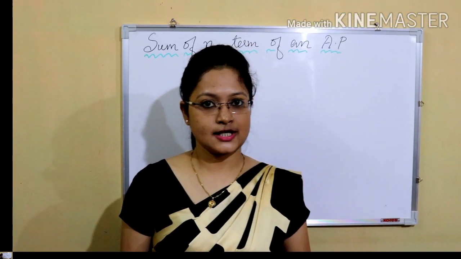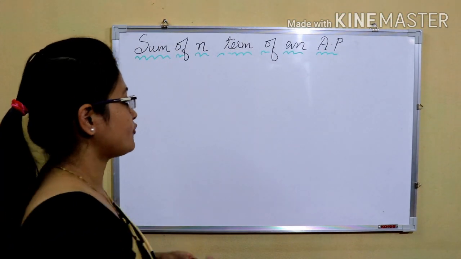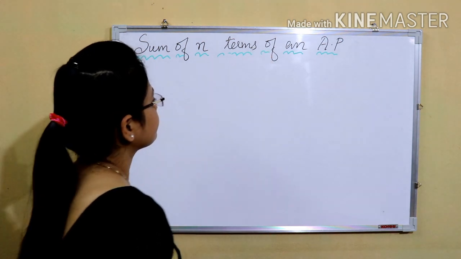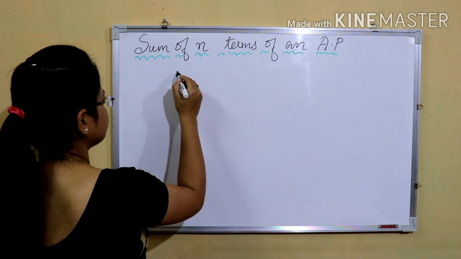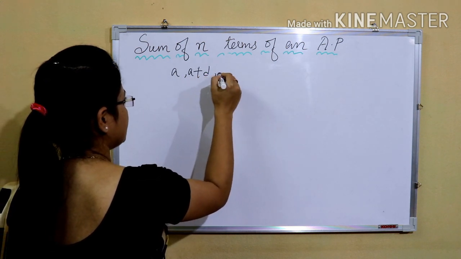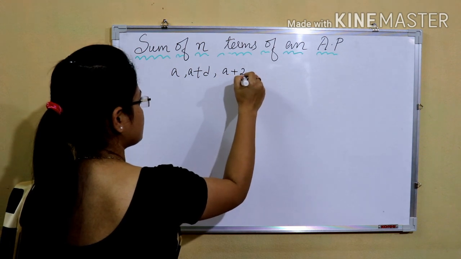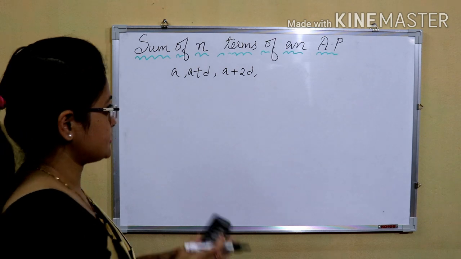We will now use the same technique to find the sum of n terms of an AP. So let me take an AP. Suppose a, a plus d, a plus 2d, and the last term we know as an.